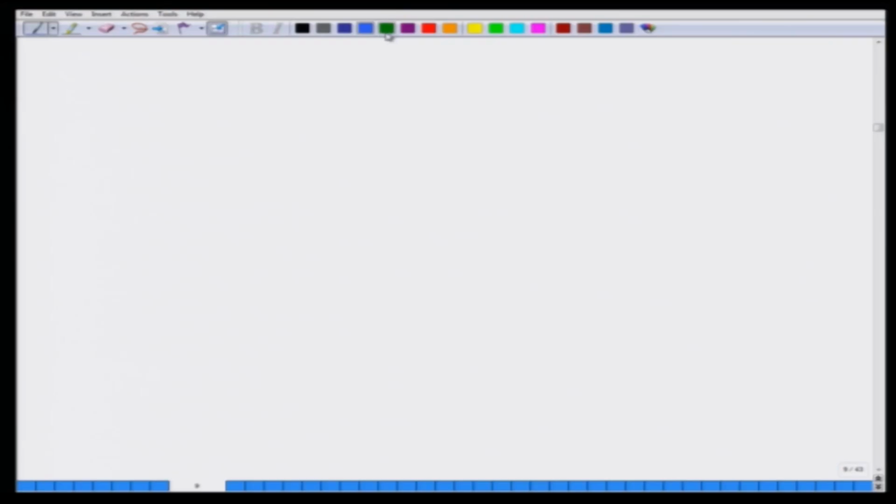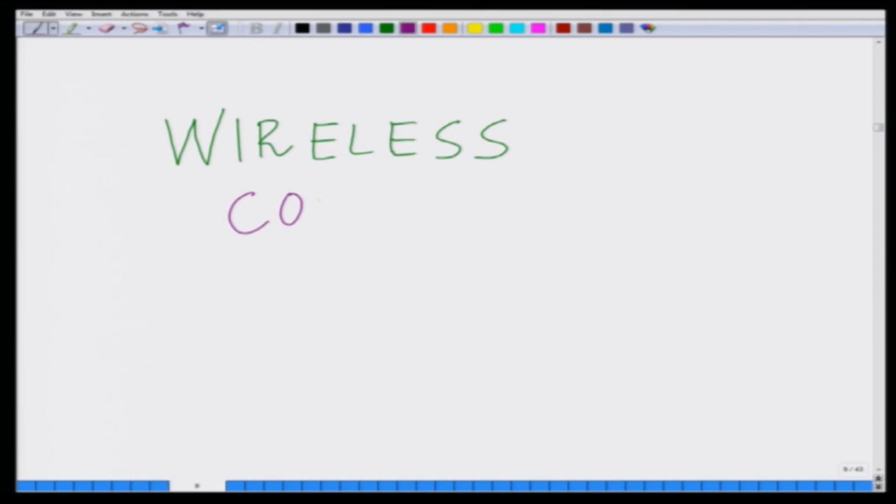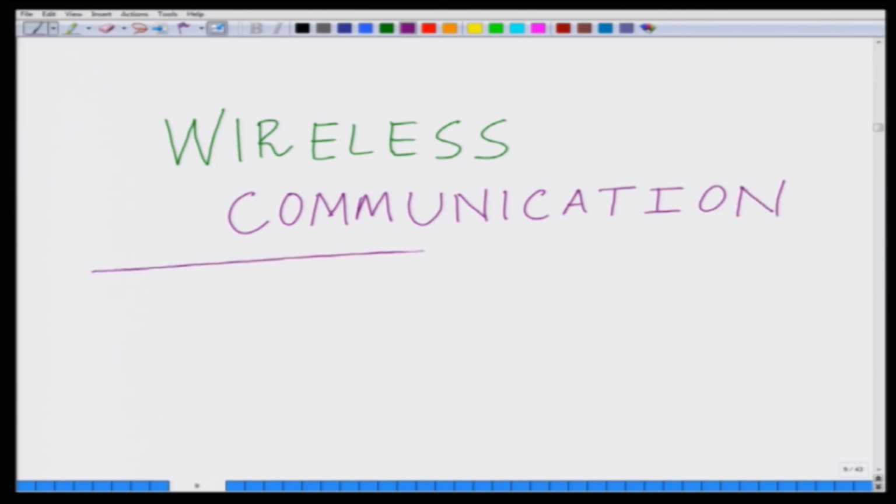So, let us look at an example of estimation in the context of a wireless communication scenario. We have looked at estimation in the context of a wireless sensor network. Now, let us look at estimation in a wireless communication system.